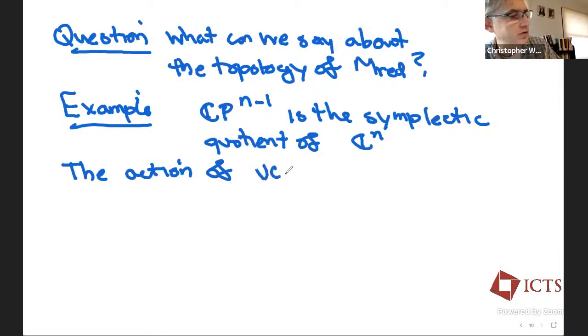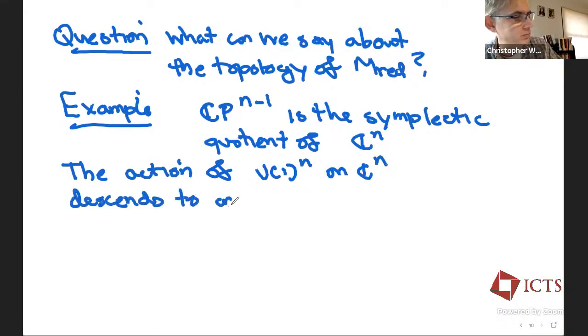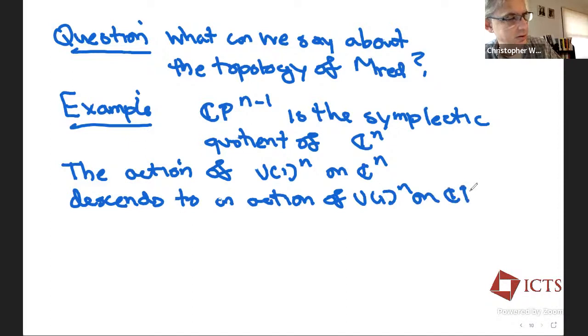The action of U1 to the n on Cn descends to an action of U1 to the n on CP n minus 1. This was the first addendum to the Meyer-Marsden-Weinstein theorem, that closed actions descend.